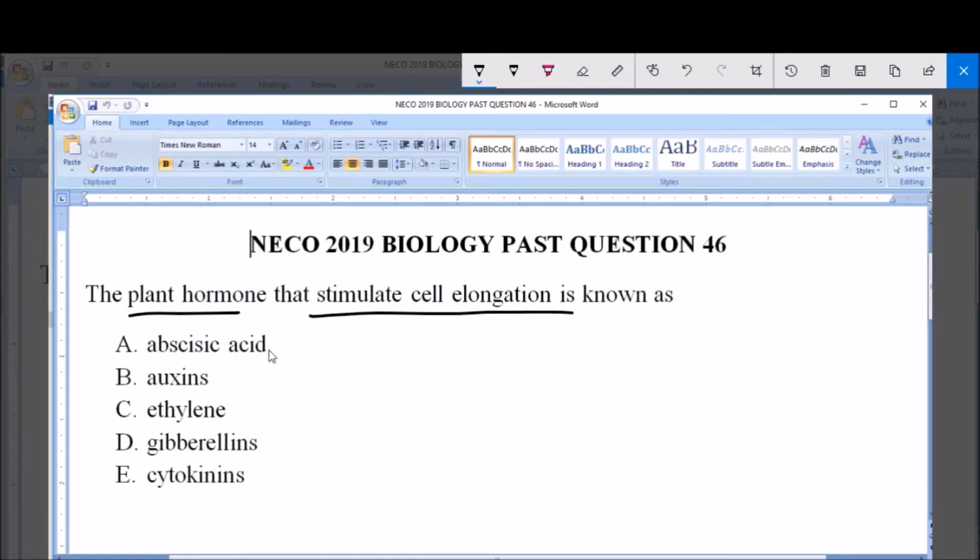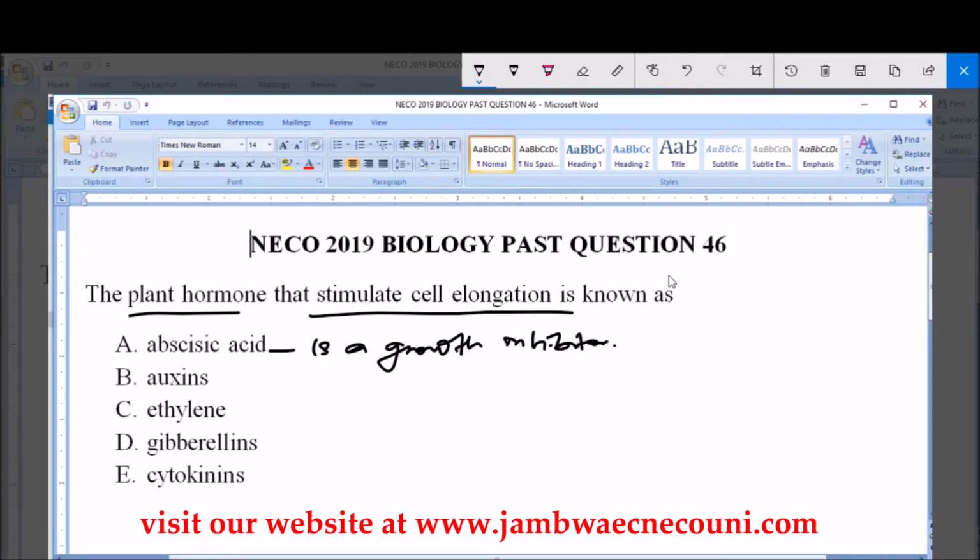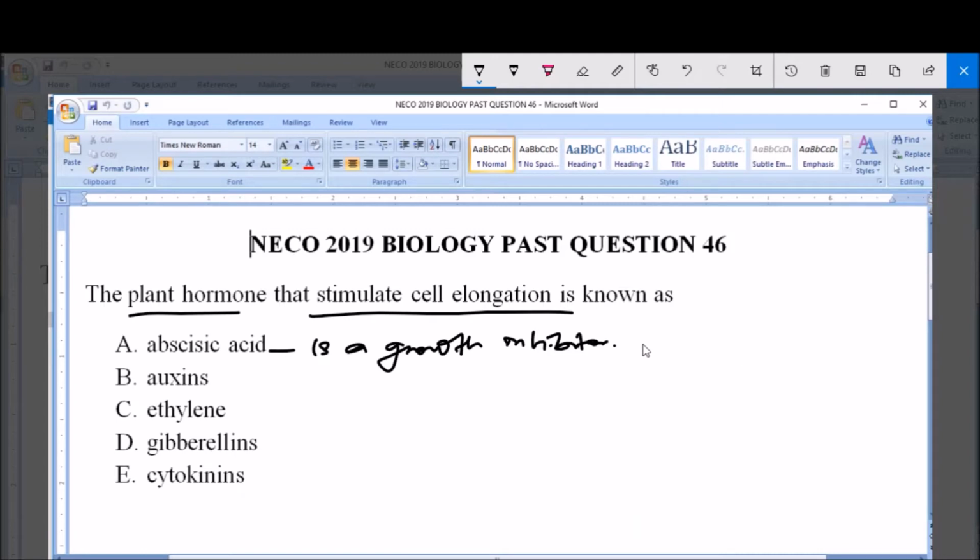Now let's check out the importance or the use of these hormones. A says abscisic acid. Now abscisic acid is a growth inhibitor, meaning that it inhibits growth and so therefore will not stimulate cell elongation. It also plays a role in abscission.